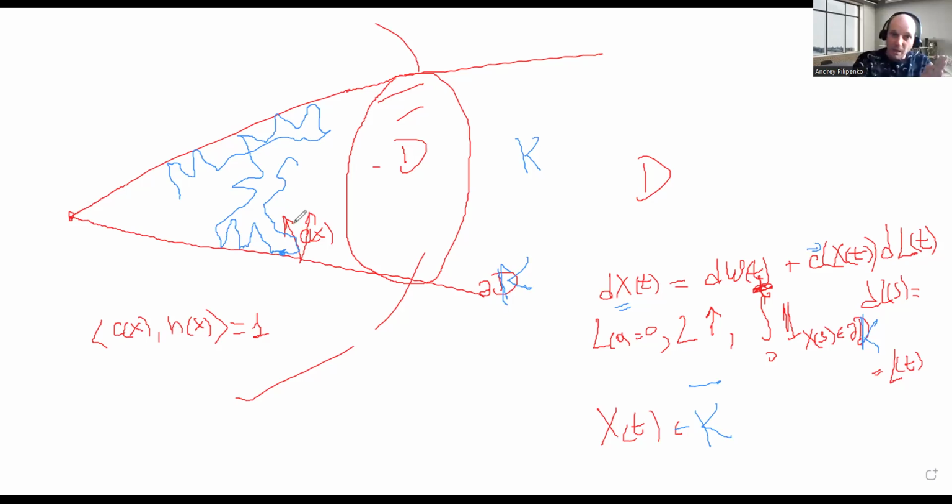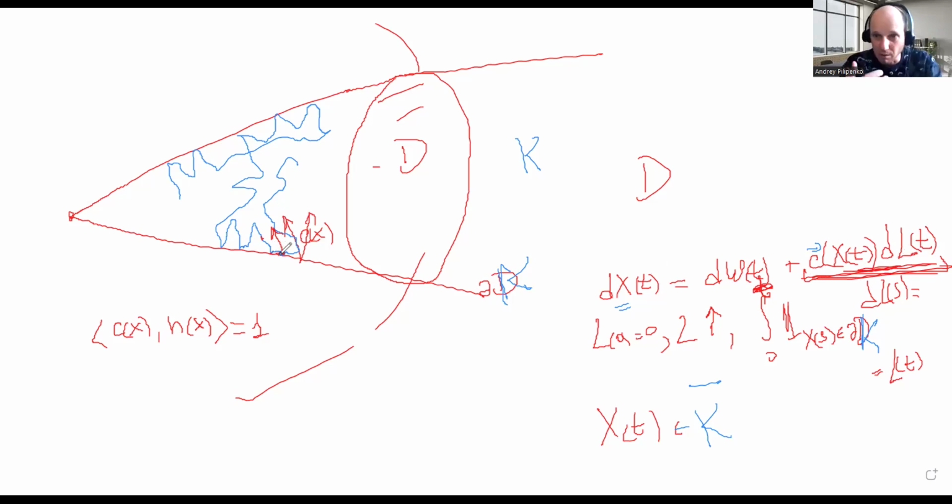When this diffusion hits the boundary of the cone, this process L grows, and this term pushes the diffusion inside the cone. But when the diffusion is inside, there is no effect. L does not increase. L may increase only when you hit.